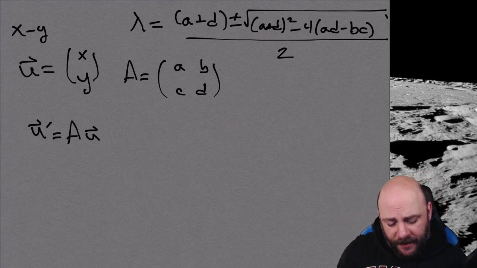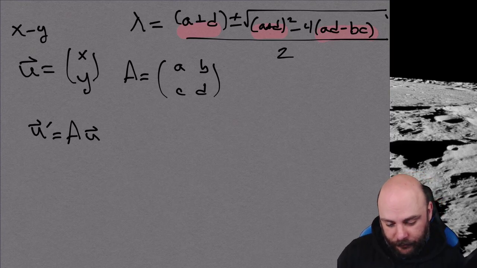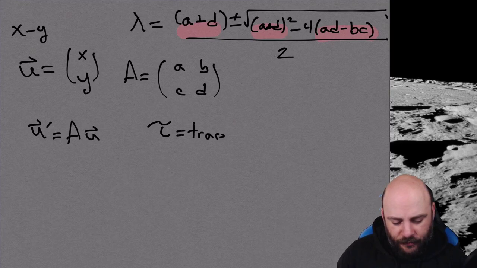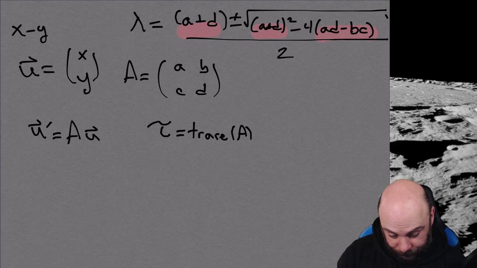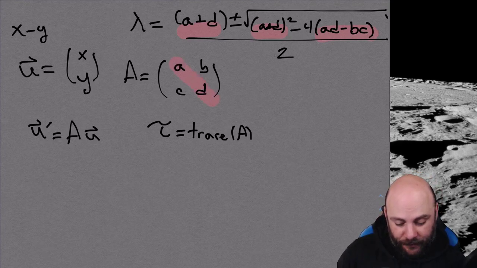Okay. Now, what's really interesting here is that we have all these quantities up here that have to do with various elements of the matrix, and some of them actually have special names. Actually, they all do in this case. We're going to go ahead and let tau, this Greek letter tau, be the trace of A. What the trace is, if you take all the elements along the diagonal and add them up, that gives you the trace.